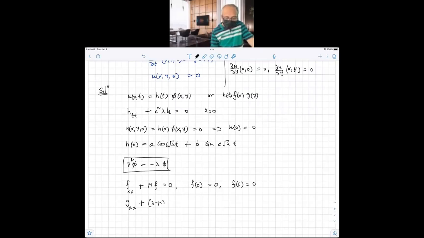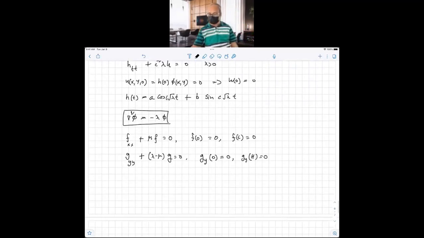Lambda minus mu, g equals 0. And this time, sorry, that is a typo. It should be y. g of y at 0 equals 0, g of y at h equals 0. So those we can solve. We have learned how to solve them.